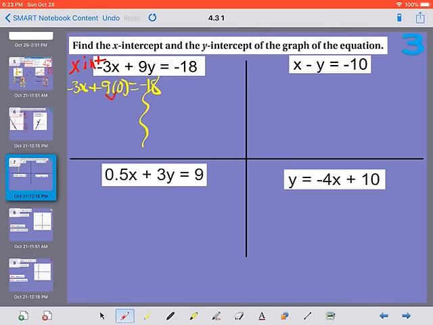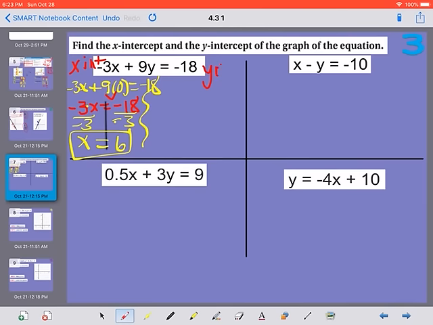Anything times 0 is just 0, so I have negative 3x equal to negative 18. And now I'm just solving this. The opposite of multiplying by negative 3 is dividing by negative 3. So we have x equal to a positive 6. So that was our x-intercept because y was 0.